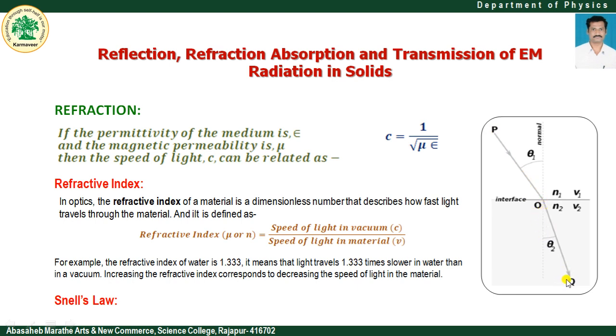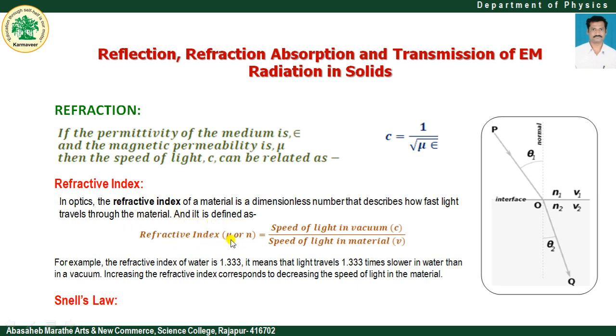Okay, again, suppose photons are traveling in a vacuum. If photons are traveling through the vacuum and they are incident on the material, then the refractive index of the material, in that case we can define in this way. Okay, so in optics, the refractive index of the material is the dimensionless number which describes how fast light travels through the material, and it is defined as the refractive index.